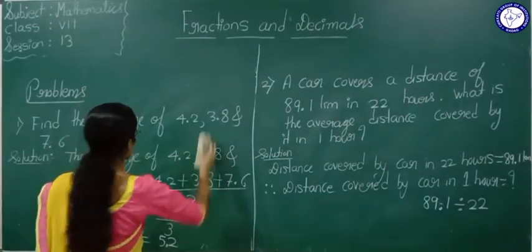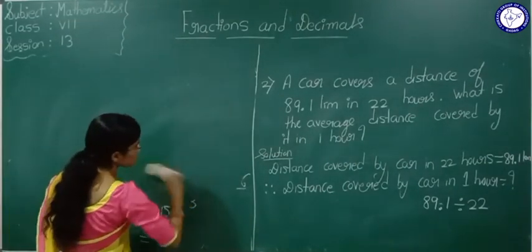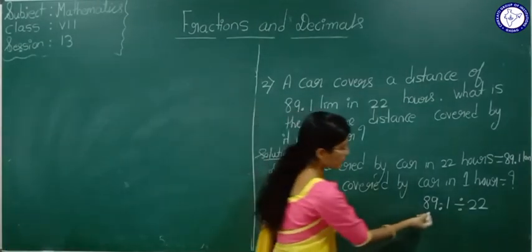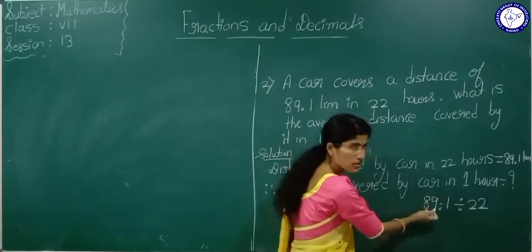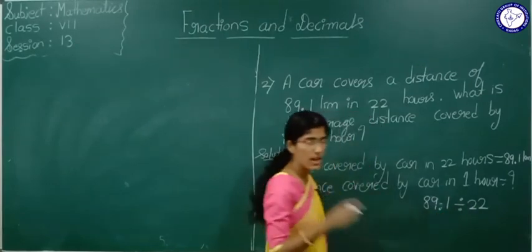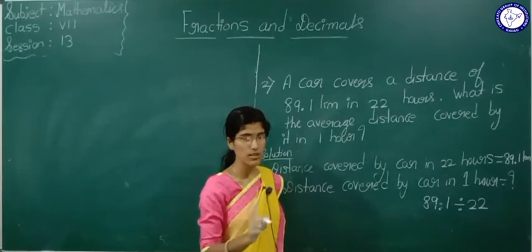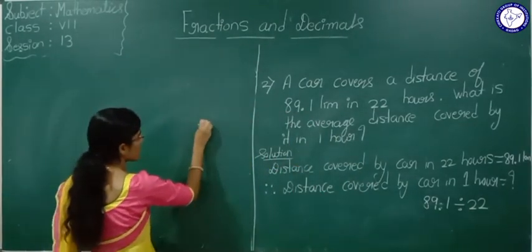So now do the division, students. Whatever I told about how to divide a decimal number with a whole number, treat this as a whole number and divide. I told you that is applicable only when the remainder we are getting is 0, otherwise it is not possible. Now see how to do this.